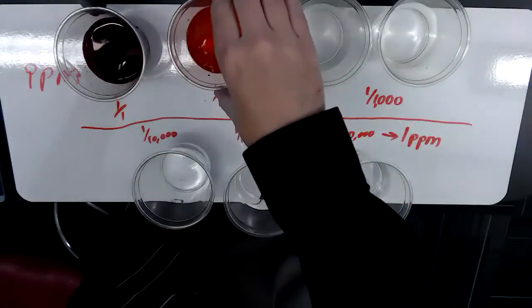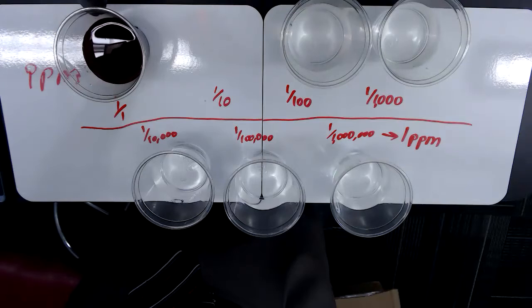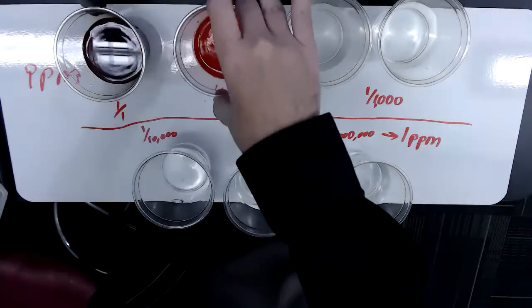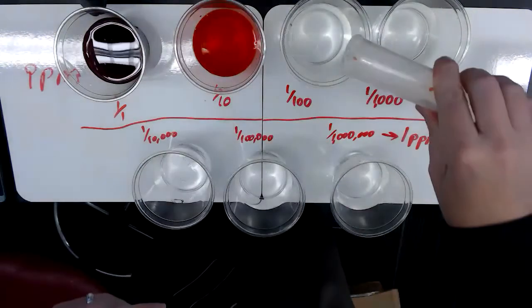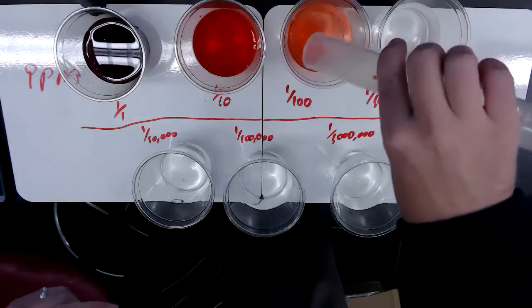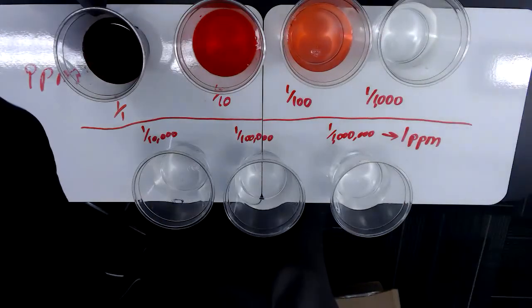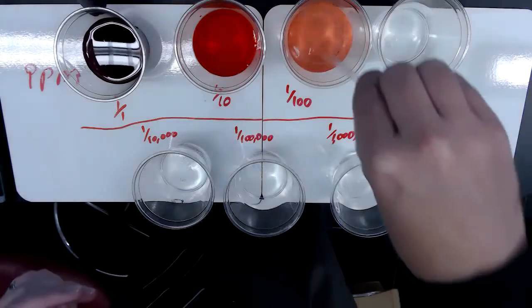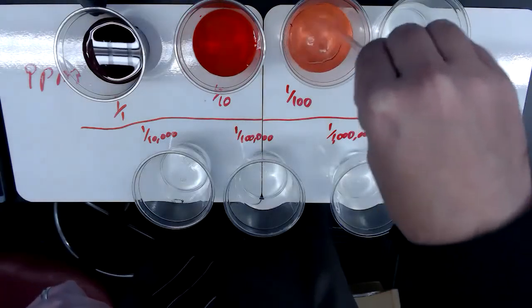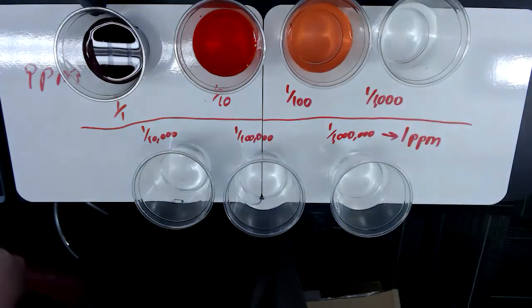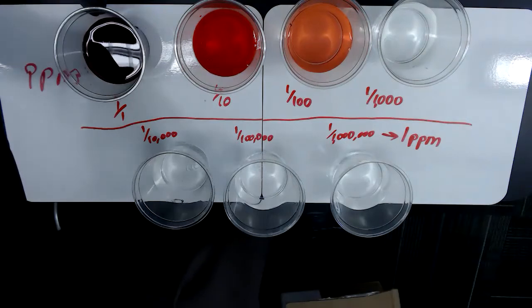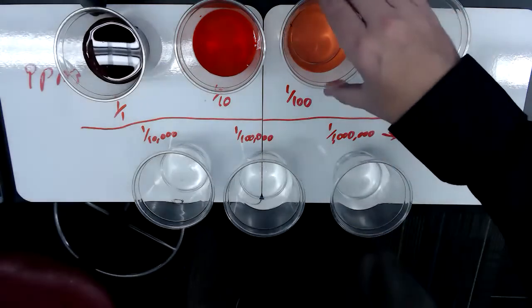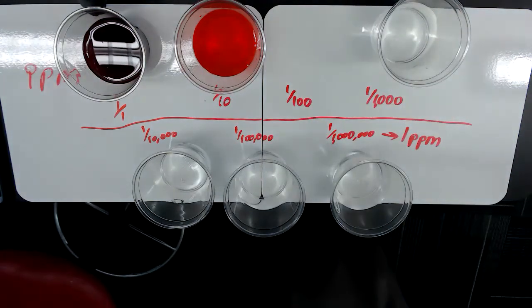And then once we do all of the serial dilutions, we will check for something called the Tyndall effect. Now, the Tyndall effect occurs when there's very, very small particles in a fluid, and that could be water or the air. And if you shine a light through the fluid, you can sometimes see the actual particles.